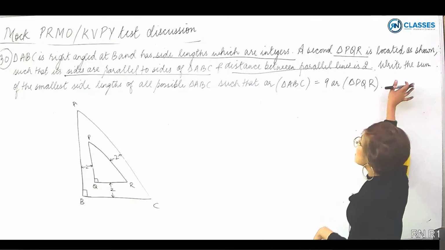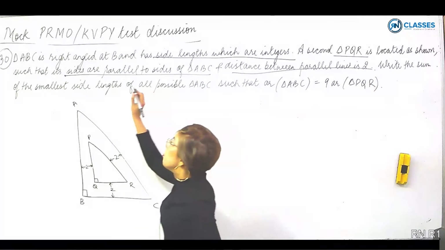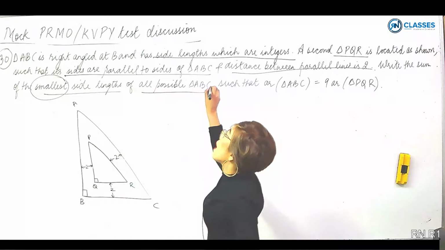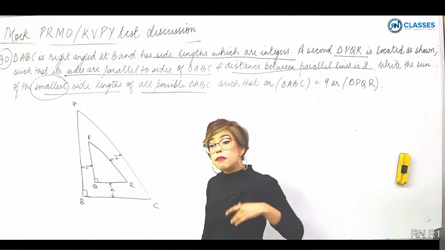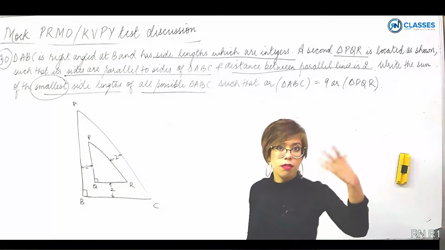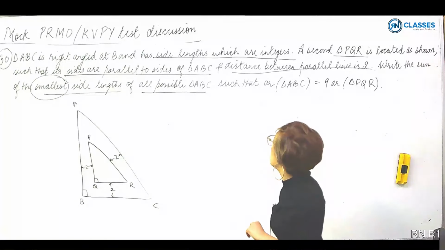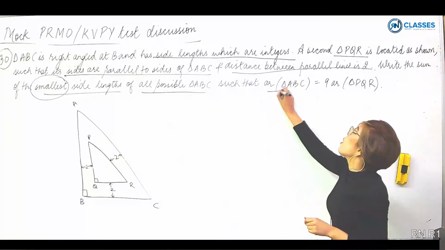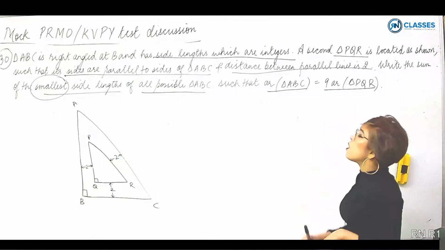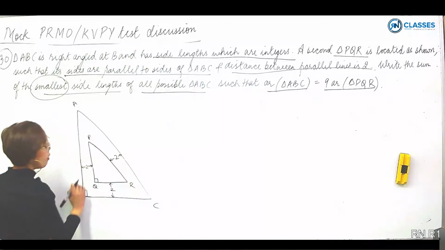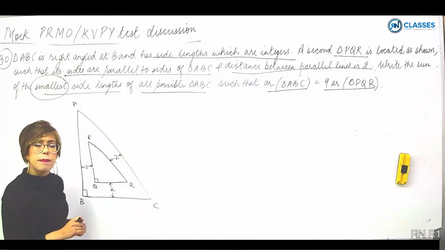Right? Now he says write the sum of smallest side length of all possible triangles ABC. So there will be multiple triangle lengths possible. I need to write sum of all the smallest side lengths. Okay, such that area of triangle ABC is 9 times the area of triangle PQR. Now, area of PQR and area of triangle ABC is getting involved, right?